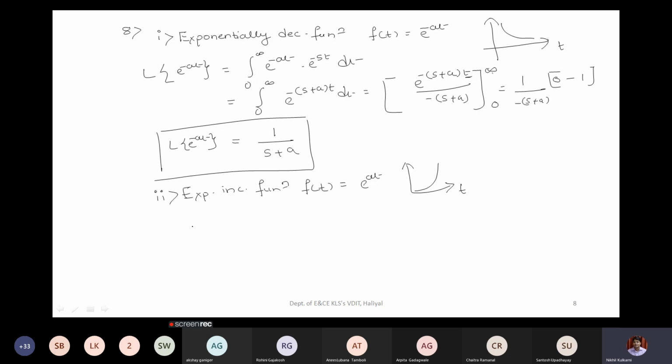Similarly here also you can consider the Laplace transform as the integral from 0 to infinity of e to the power at dt. Taking the common base, we can write e to the power minus (s minus a) t dt.